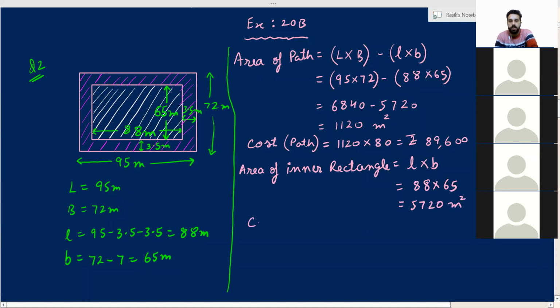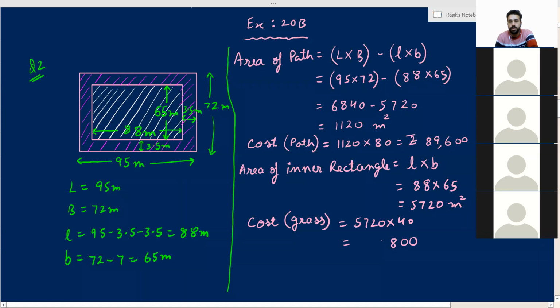Now we will find the cost of laying down the grass. So you can write down in the bracket grass, cost grass. That means the rate is given rupees 40 per meter square. So multiply 5720 by 40. I hope you all are getting it, what I am doing here on the board.